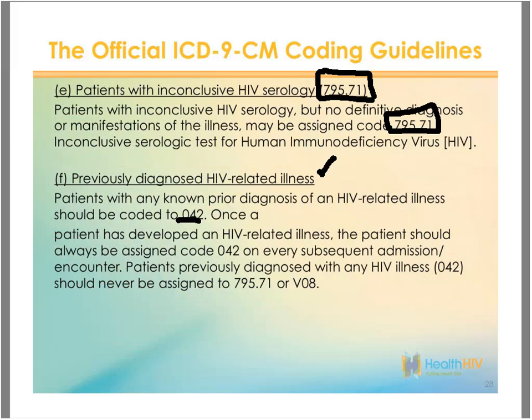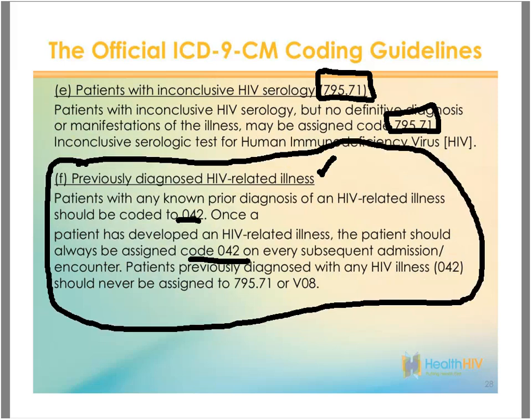I think this question came up. So this is the answer to your question. As you can see, this is in black and white in the coding guidelines that us coders follow. So this really should bring the point home of the importance of documentation, so that as a coder we will be able to appropriately assign the codes for the services that are documented, and that we get reimbursed properly, because again, the diagnoses tie into our reimbursement.